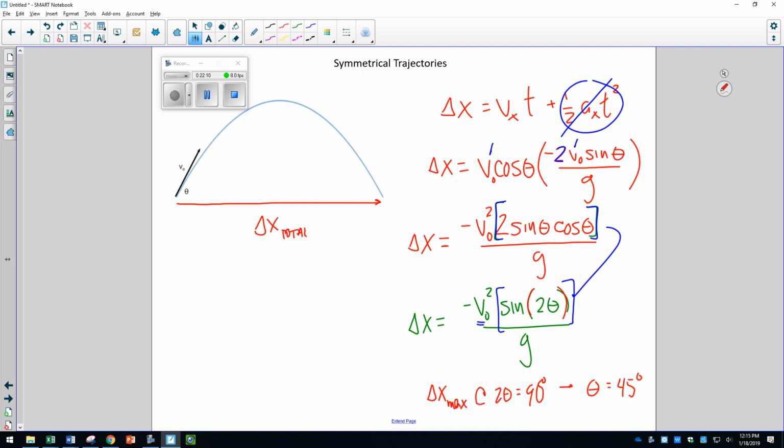And that's not a wildly strange thing to guess, right? The reason for that is, a 45 degree launch gives you equal sizes of V naught x and V naught y.